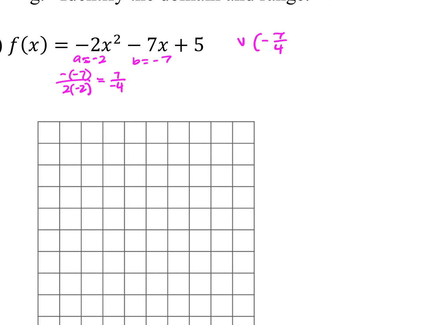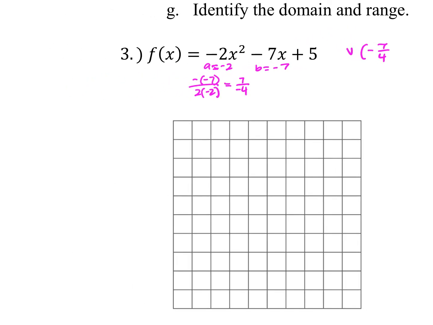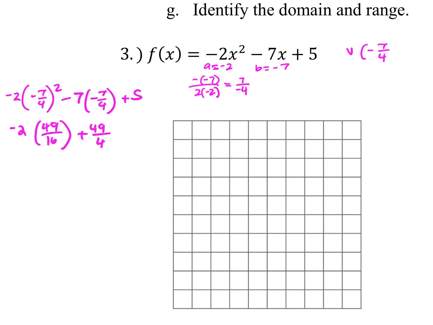And then I've got to take and plug that back in to get the y. So negative 2 times negative 7/4 squared, minus 7 times negative 7/4, plus 5. Negative 2 times 49/16 plus 49/4 plus 5.